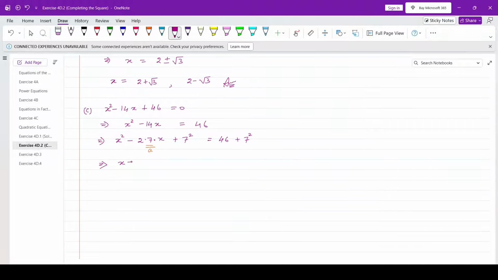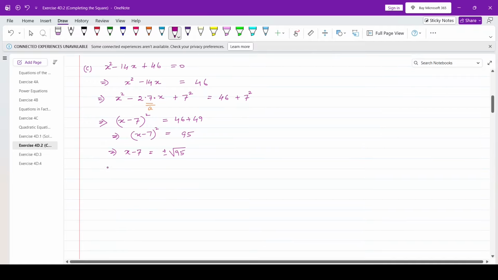So this becomes x minus 7 whole square is equal to 46 plus 49. X minus 7 square is equal to 95, and x minus 7 is equal to positive or negative root 95.